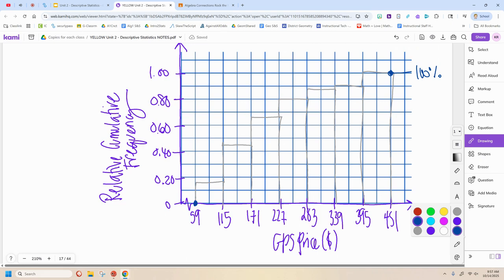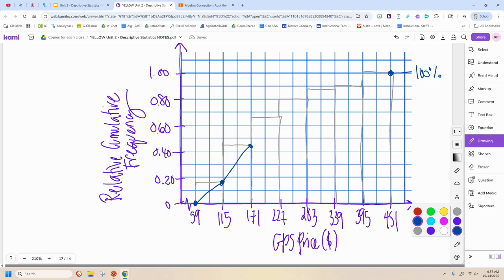So then how do I make this line graph? I'm not going to connect these two points. I make more points based on the height of the bar. So if this is 0, this bar ends at 17%. So my first line goes from the beginning of the bar to the end of the bar like that. When I get to 171, which is really 170 because 171 is the next bar, I will have represented 43% of my GPSs.